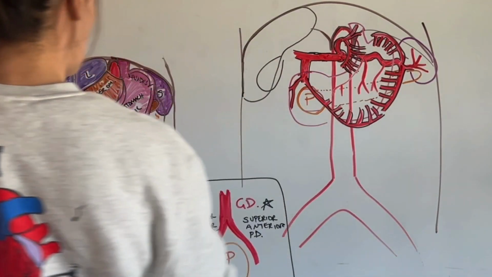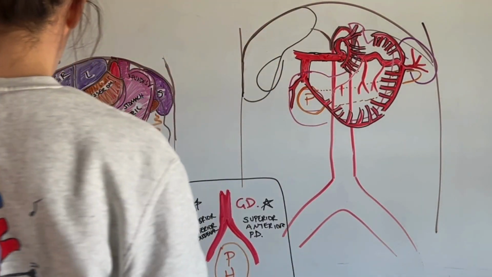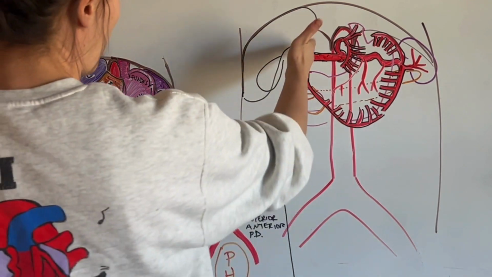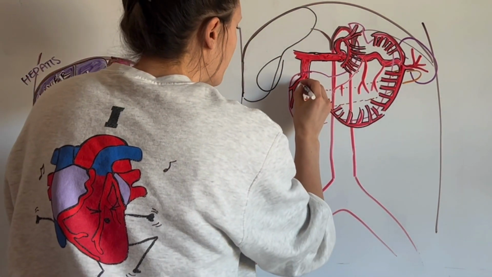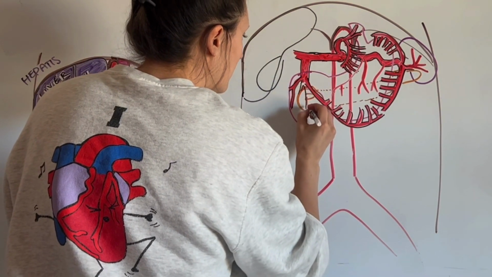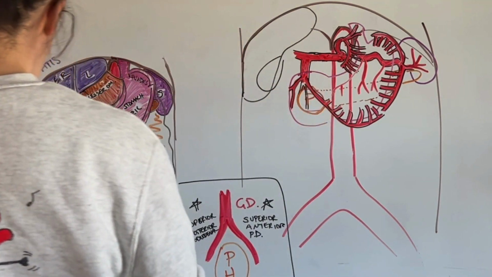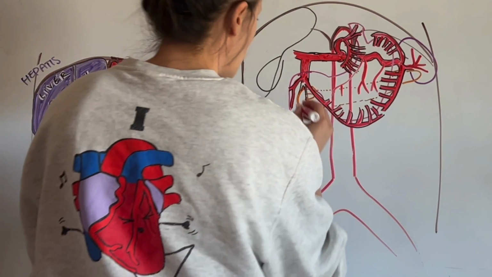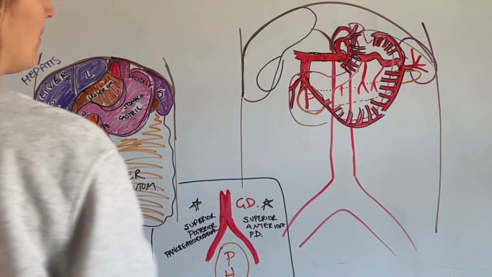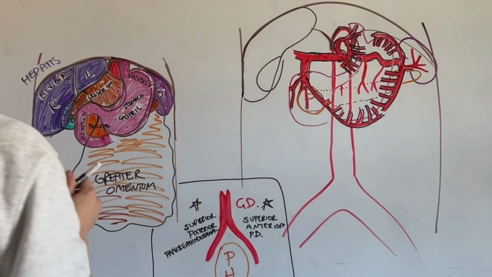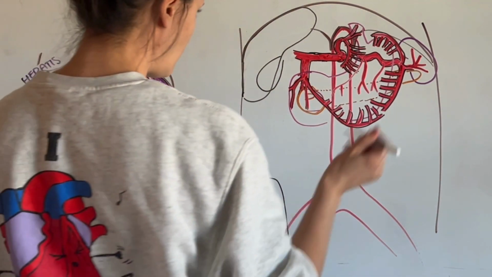But continuing on, we've given off our gastroduodenal. We've given off duodenal branches, we've given off our right gastroomental branch, and we've given off these posterior and anterior superior pancreaticoduodenal branches. Whew, such a mouthful. Okay, so we have to continue on with the proper hepatics.